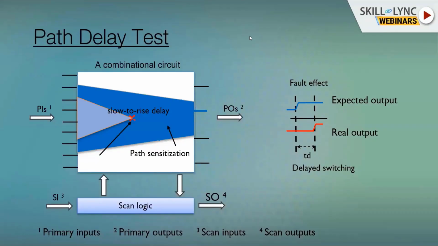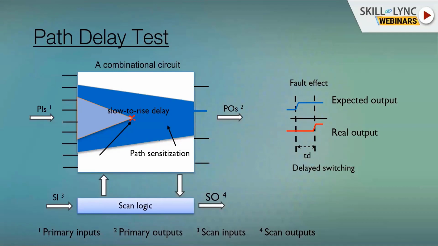In the slide, you can see there is a small sketch of a conventional delay testing where a combinational circuit is under test. As I showed you earlier, the path delay fault comprises the delay in the gates as well as the delay on the entire path. There will be a predefined path delay fault model.